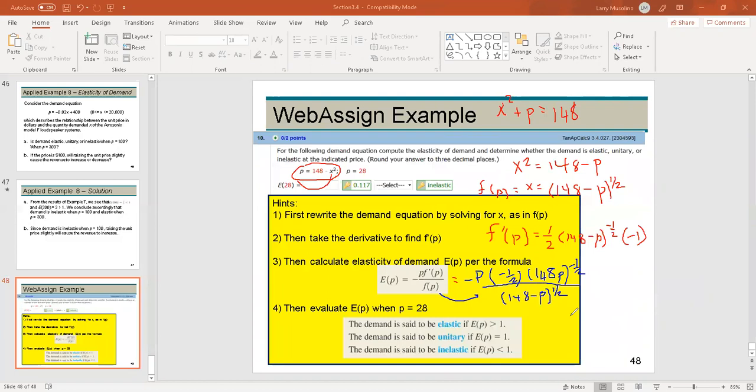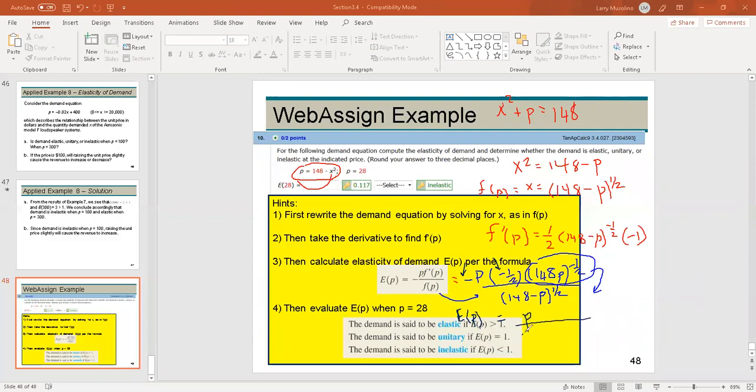All right, let me do a little bit of algebra here. First, let me move this -1/2 expression down to the denominator. When I do that, the elasticity, let me try to write it here. Now notice here I have a negative and another negative, so that's going to flip to be positive. So this is going to be p over 2.